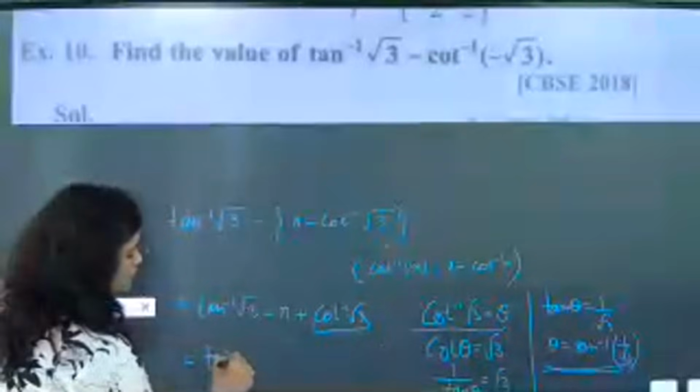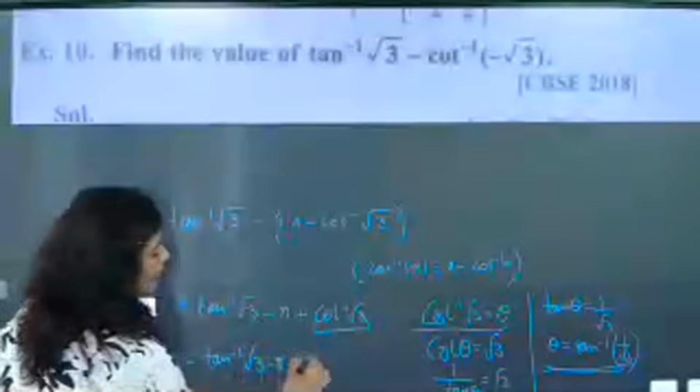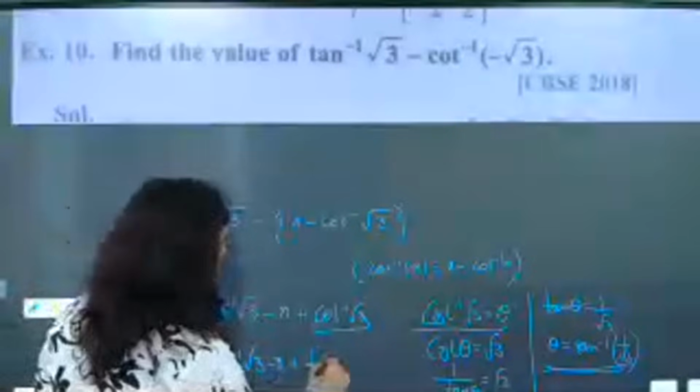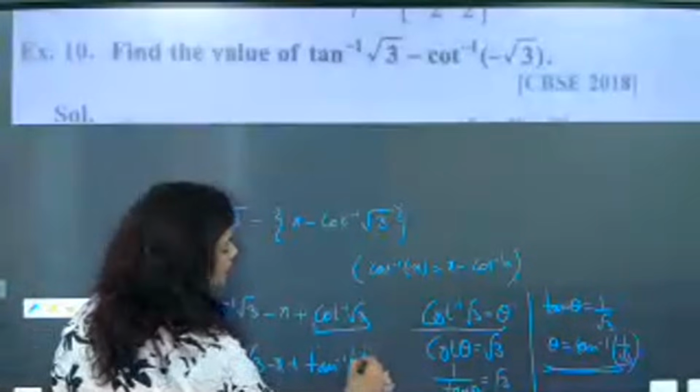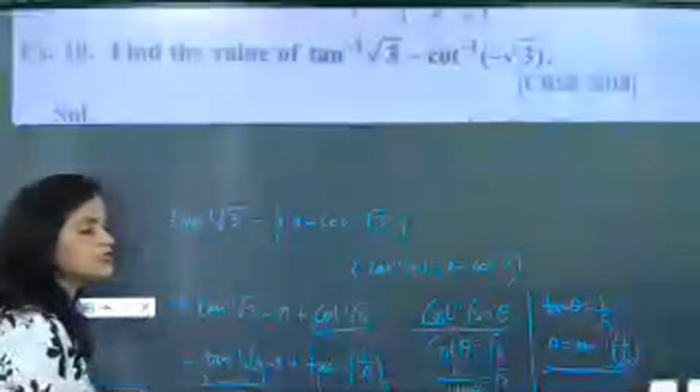So both parts are coming the same, equal to theta. Cot inverse root 3 equal to theta and theta equal to tan inverse 1 by root 3. Both are exactly the same. So we write tan inverse root 3 minus pi plus, instead of cot, tan inverse 1 by root 3. Now it comes into our formula, tan inverse root 3 and tan inverse 1 by root 3.